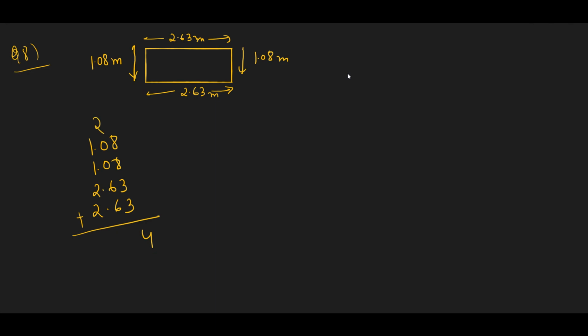This will be 6 plus 6, 12 plus 2, 14. 1, 2, 3, 4, 5, 6, 7. Children, this will be 2. So the answer is 7.42 meters.